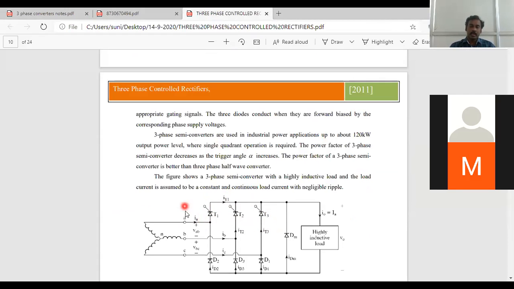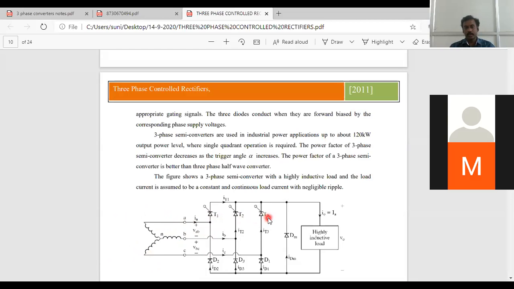So the SCR here, one thing to be identified is that you can directly consider the three-phase supply, or you can draw it with a transformer. When the transformer is used, it is for high power applications, you are going to consider this transformer, or else simply the three phases are going to be considered, and you can consider the converter operation.